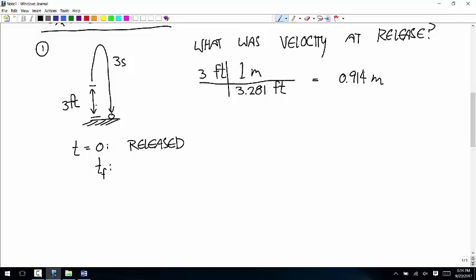Time final is when it hits the ground, because we know the elapsed time from when it's released to when it hits the ground, and we know the location of the ground. Zero position: I always choose the ground or the lowest spot in these problems. So let's say the ground. And then positive direction, I'll choose up.